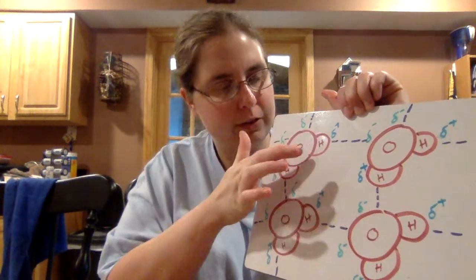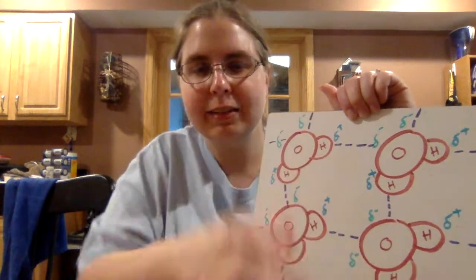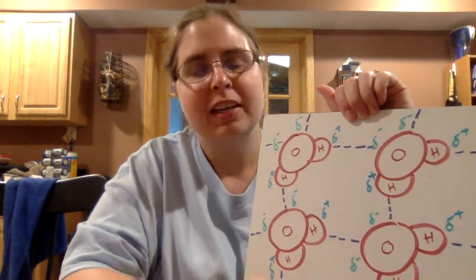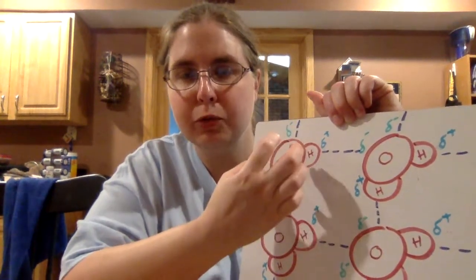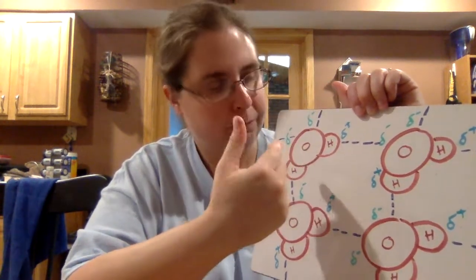the electrons closer to the oxygen, giving the oxygen a slightly more negative charge. Now, we're not saying that it's an ion and it's lost electrons. We're just saying that the electrons are kind of pushed closer to it. So because of the abundance of electrons, and we know electrons have a negative charge, it has a slight negative charge on that end.